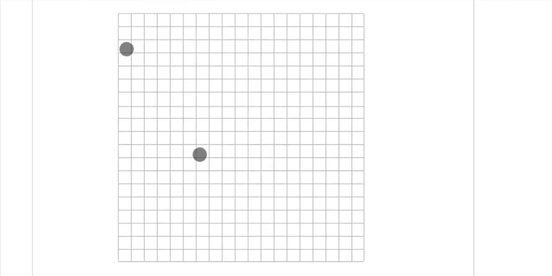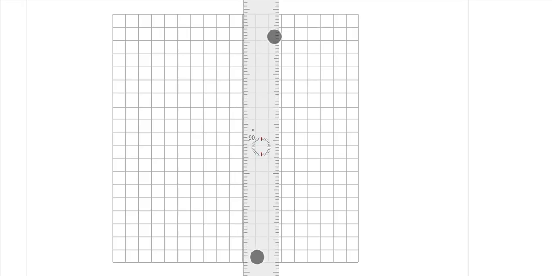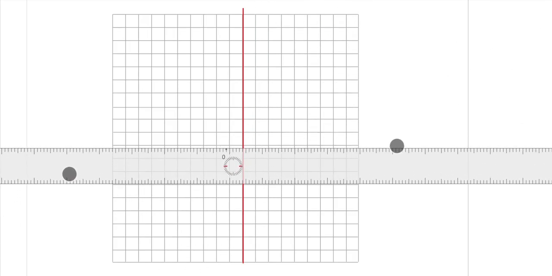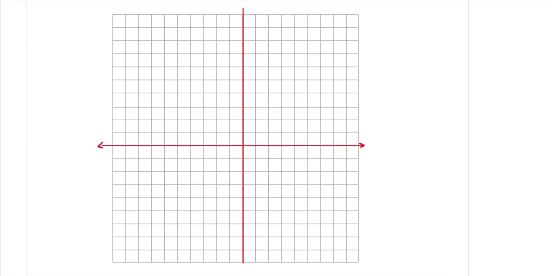So we need to set this up. Make sure you're using a ruler. So we have a vertical y-axis and a horizontal x-axis. Try to get it in the middle as much as possible. So x and y, please remember to label everything. We need some numbers. Actually, I'm not going to change those numbers going across there.